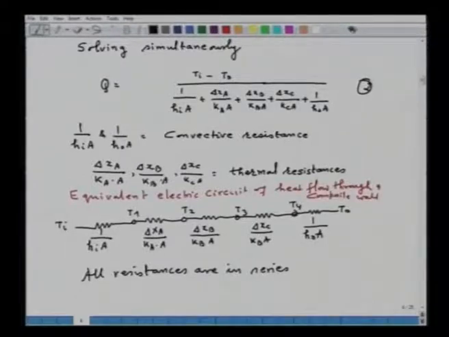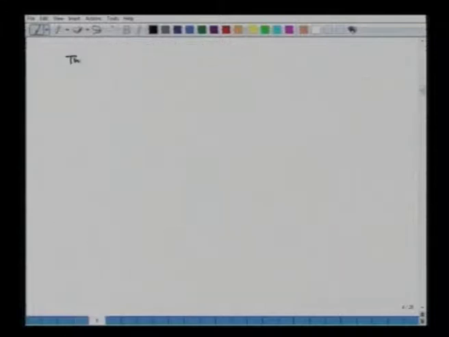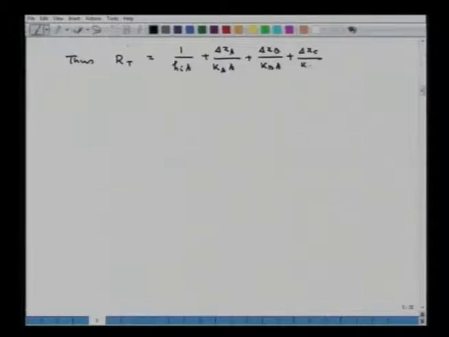So the total thermal resistance is equal to 1 upon Hi into A plus delta Xa upon Ka into A plus delta Xb upon Kb into A plus delta Xc upon Kc into A plus 1 upon H0 into A. So, this is how the heat flow through a composite wall is.